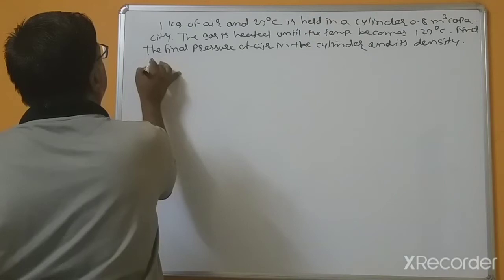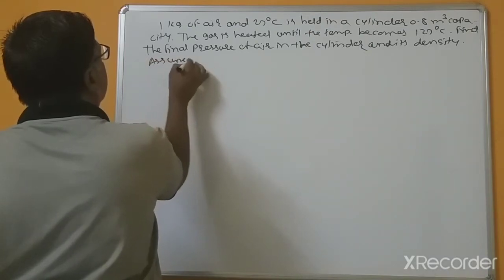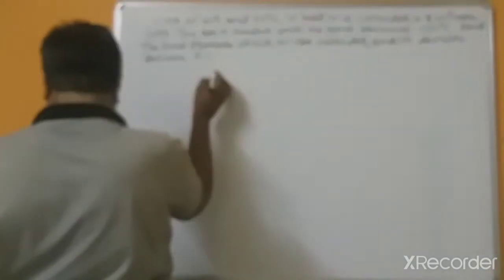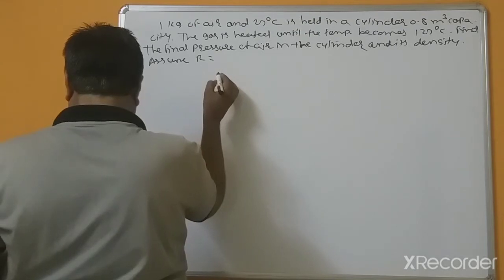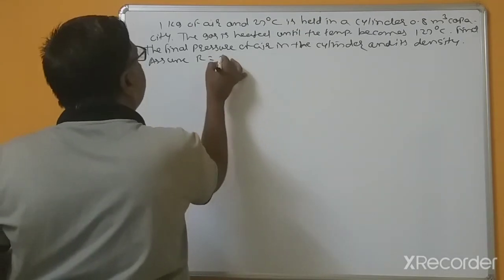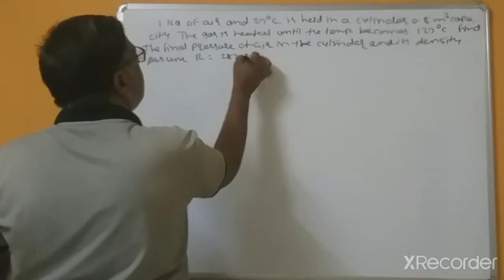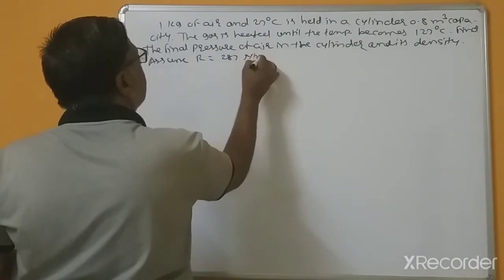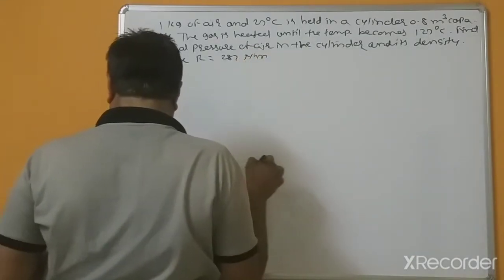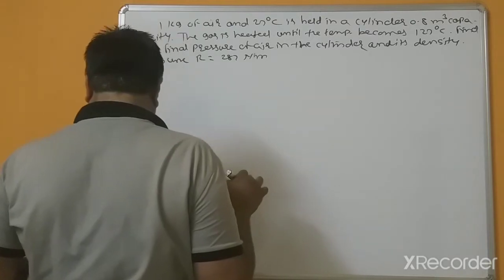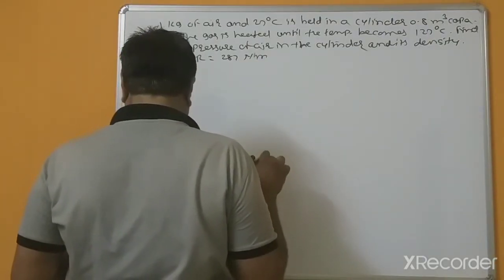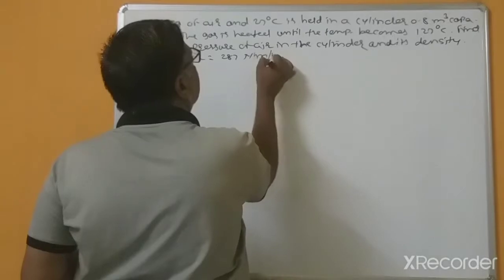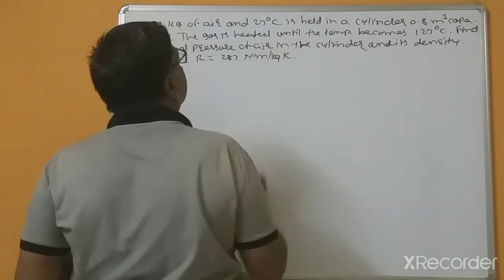Assume R equal to 287 Newton meter per kg Kelvin.